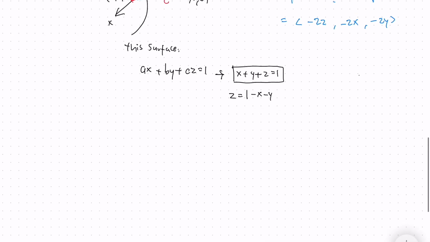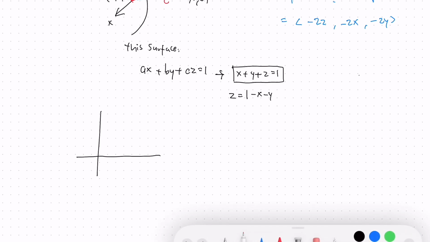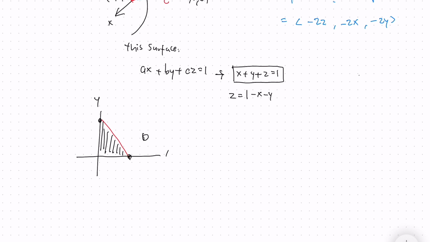Now let's sketch D separately. Let's just draw it. The domain D is bounded by this curve, and then it's bounded like this. So this domain D is bounded by this line, if you write it in xy coordinates. Let's do this as a type 1 region.